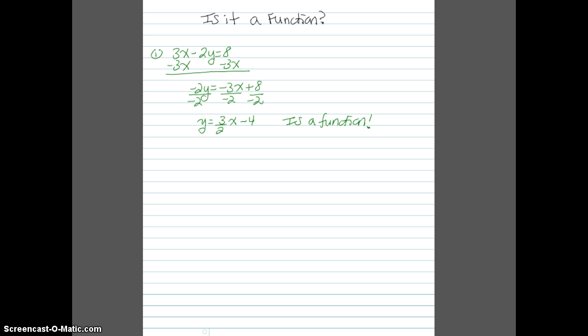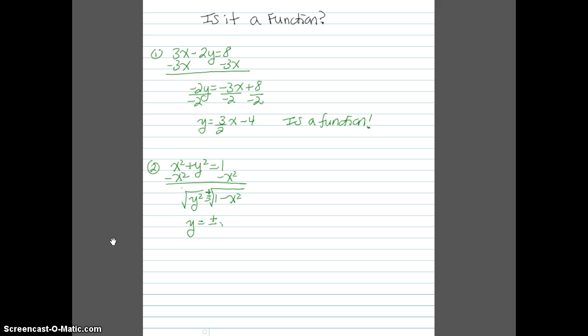Alright, now in example 2, we did not have a linear equation because we see x squared and y squared. Here we'll solve for y once again. We'll subtract x squared from both sides to get y squared equals 1 minus x squared. Then to solve for y, we have to take the square root. Don't forget to take the positive and negative square root of the side with the x.